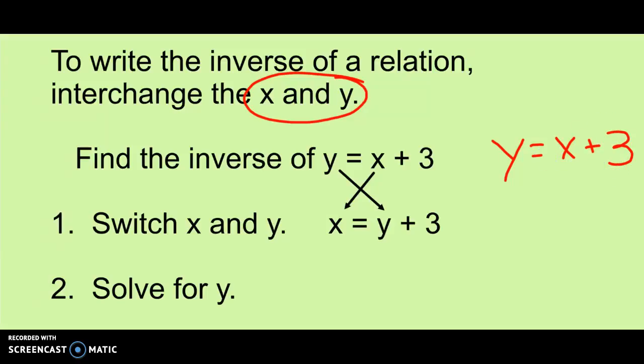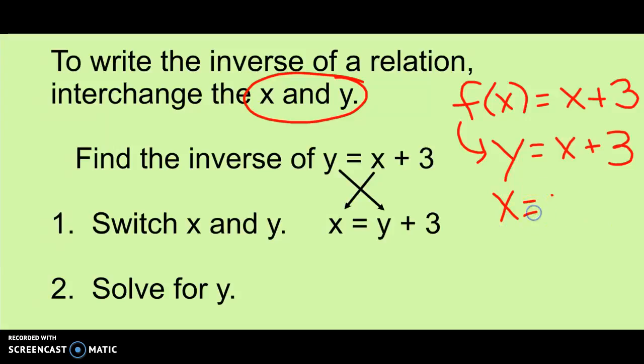Sometimes it's called f of x equals x plus 3. I usually change my f of x to become a y, so I know that that really means y. Now you're going to switch your x and your y, so I'm going to do x equals y plus 3. And now the second step is just solve for y.